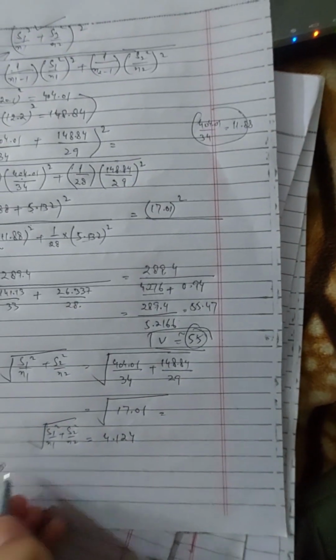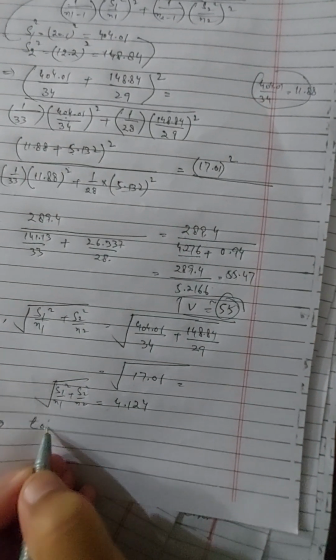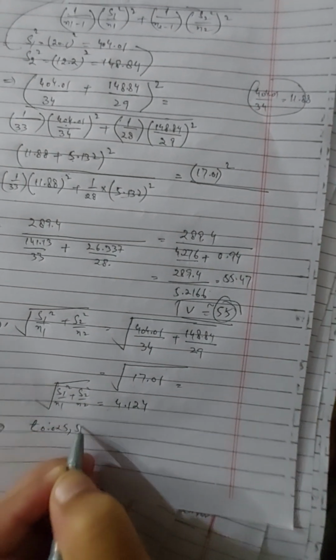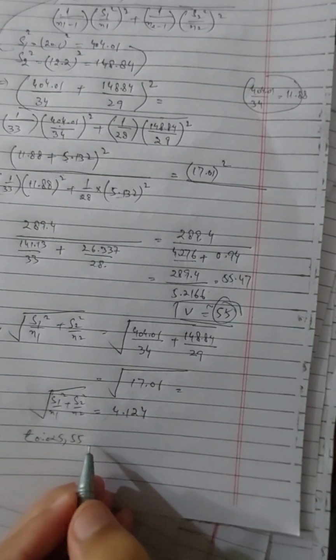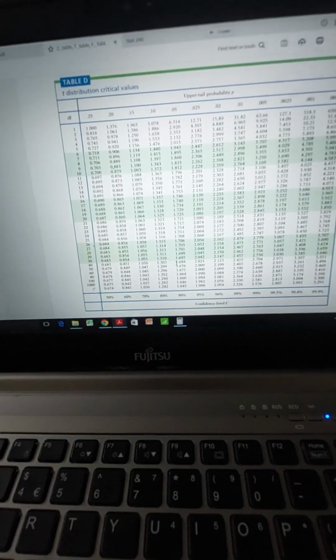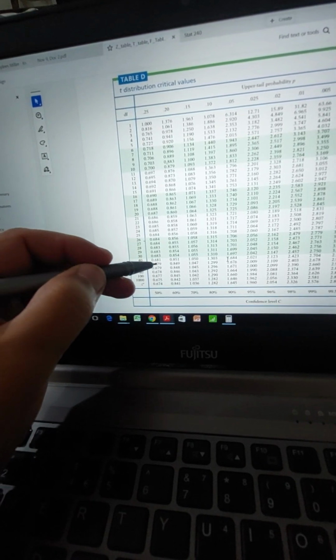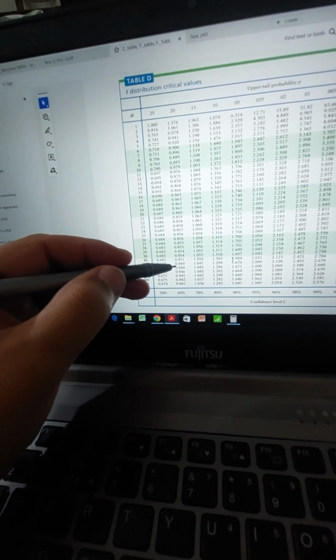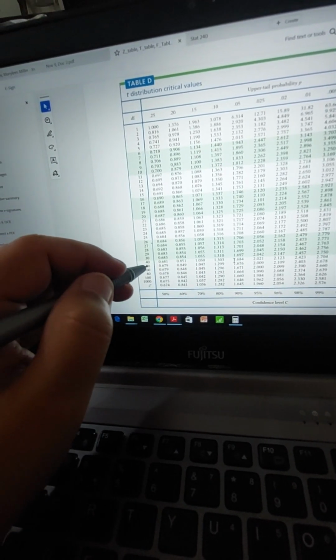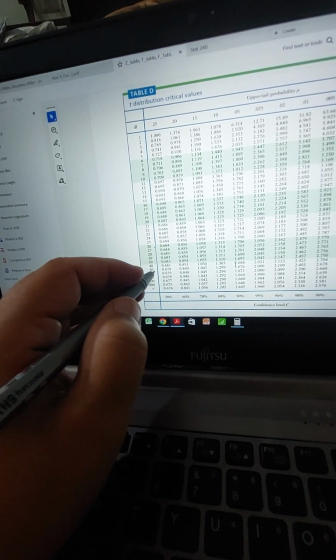Okay, now finding the value of t of 0.025 and 55, because we found the degree of freedom as 55. Let's find the value from the t table. The degree of freedom over here is 55, and we see that above 50 to 60 the values remain about the same. So we can either take 50 or 60. Let's say we take 50.